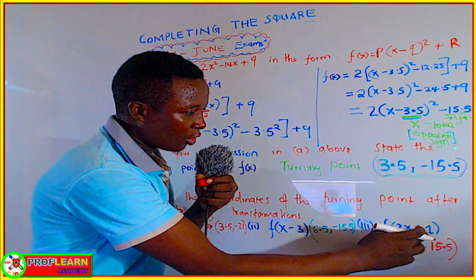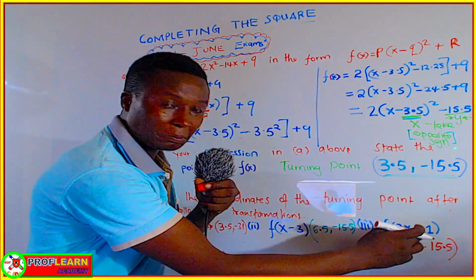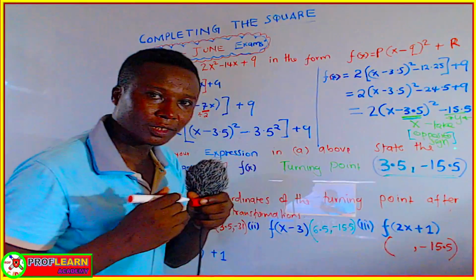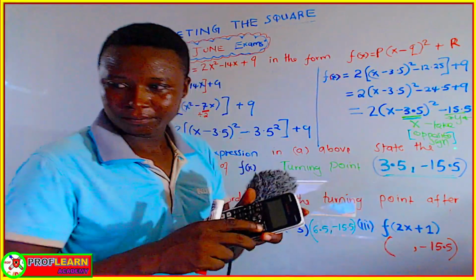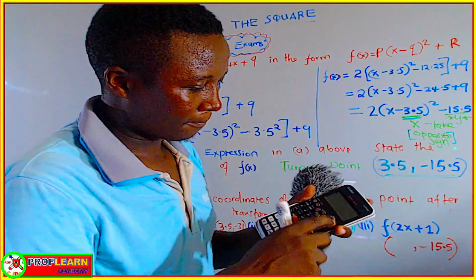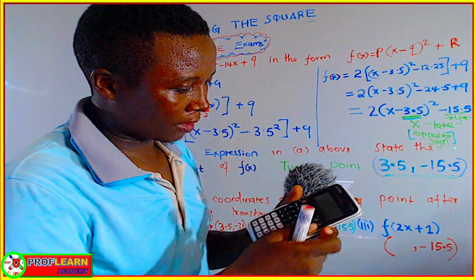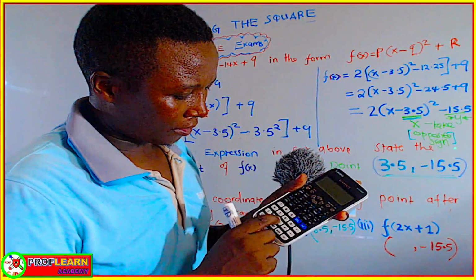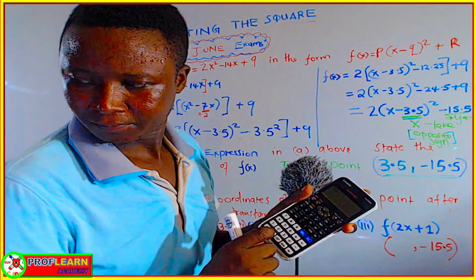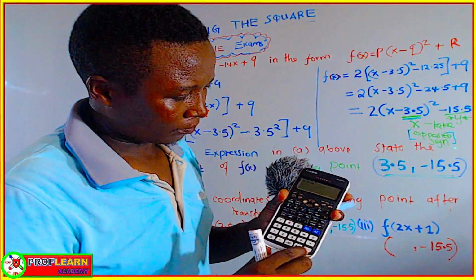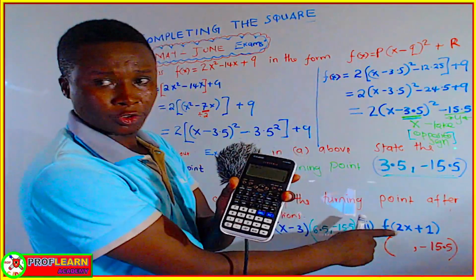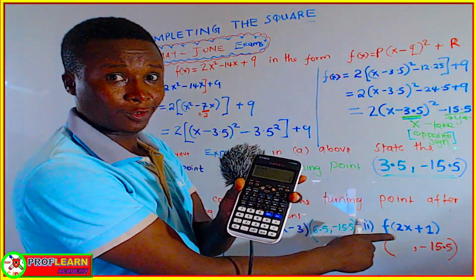Then we are going to subtract 1. So in order to work this out, we're going to say 3.5 divided by 2, because it was a multiplication, so we have to do the opposite.